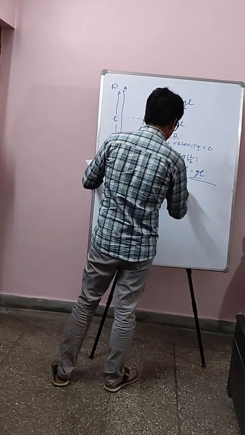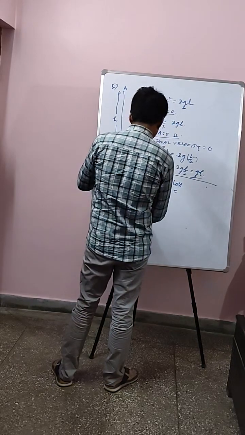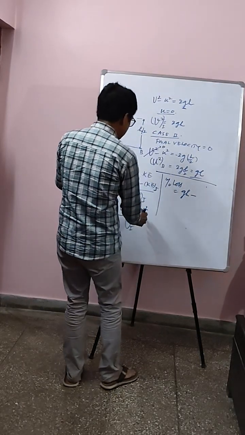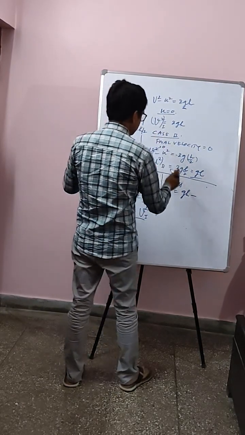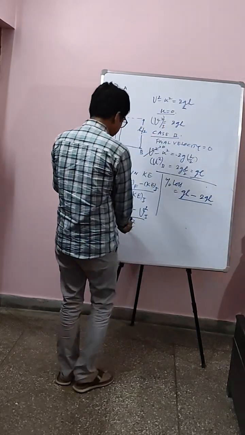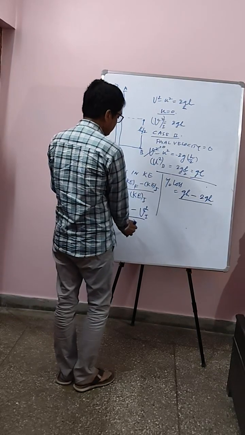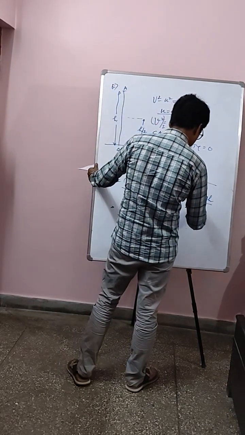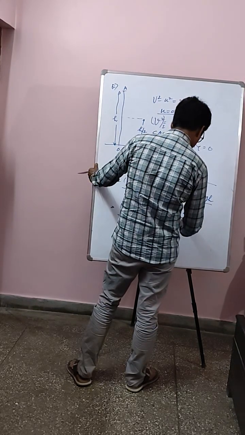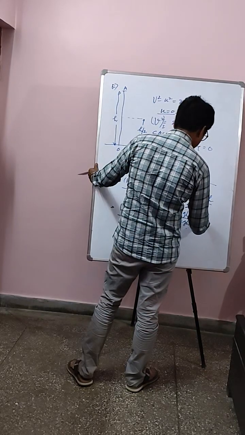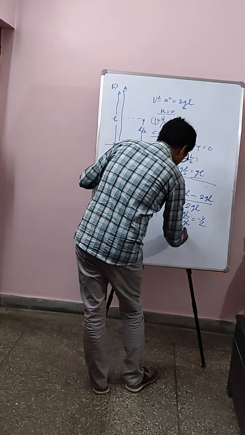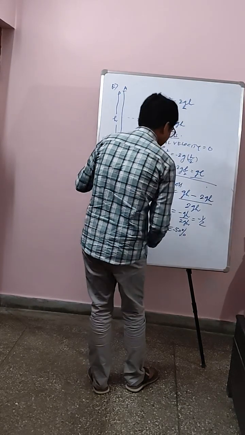The percentage loss equals gh minus v square in the first case, which equals 2gh, divided by v square in the first case, 2gh. This equals minus gh upon 2gh, which equals minus 1 upon 2, equivalent to 50% with a negative sign.